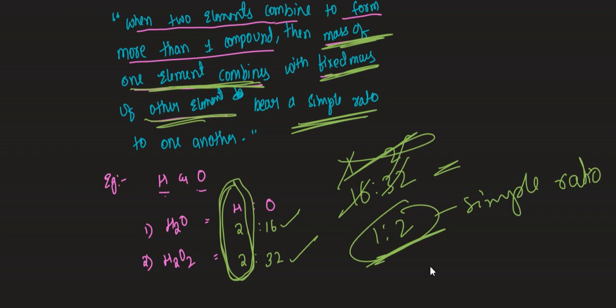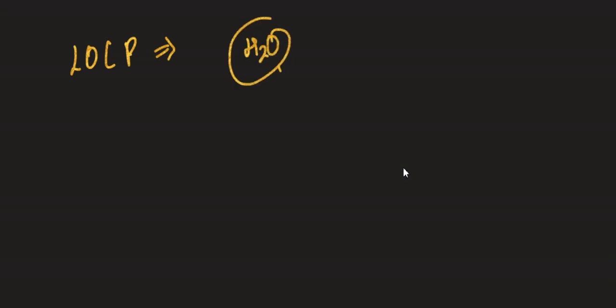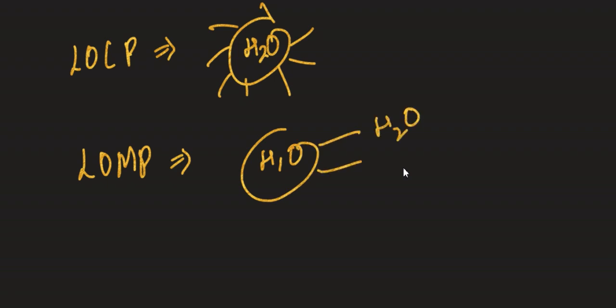This is nothing but the law of multiple proportion. So what is the difference between the law of multiple proportion and the law of constant proportion? In the law of constant proportion, we take one compound and talk about different sources, like tap water, rainwater, etc. Whereas in the law of multiple proportion, we take two elements and try to produce two to three different compounds.